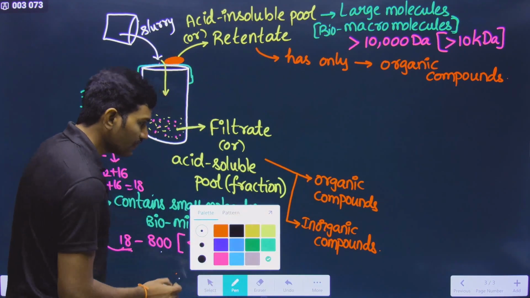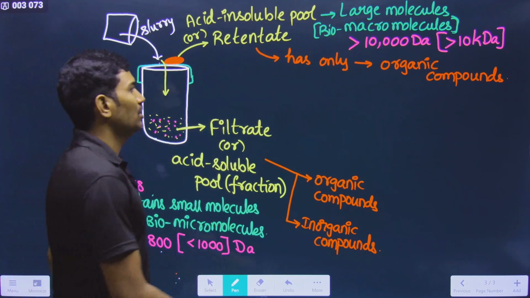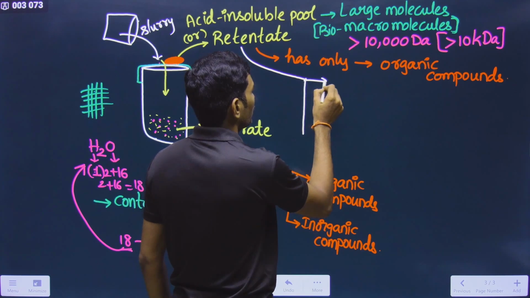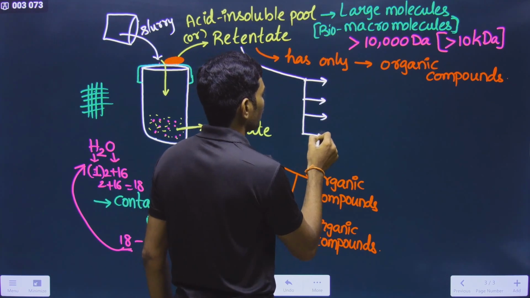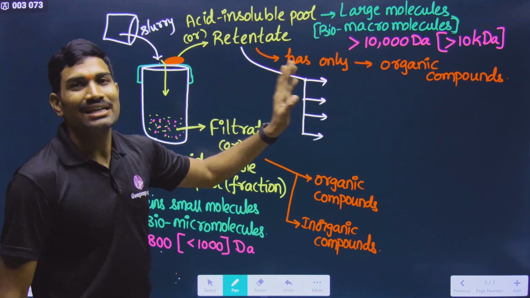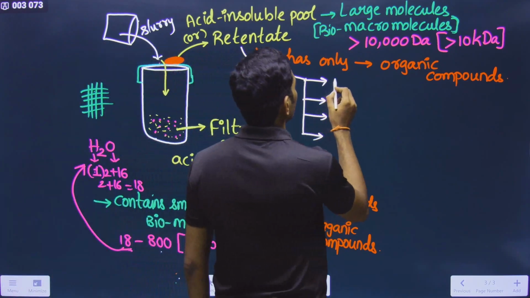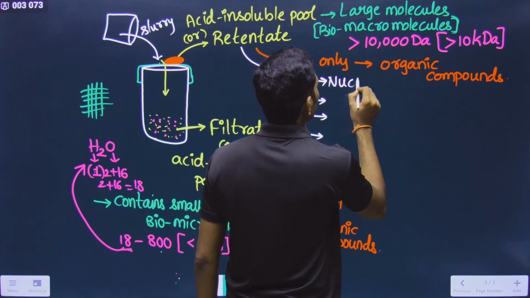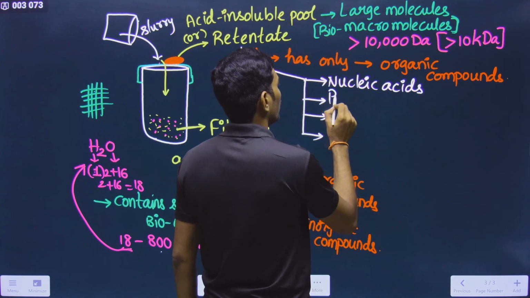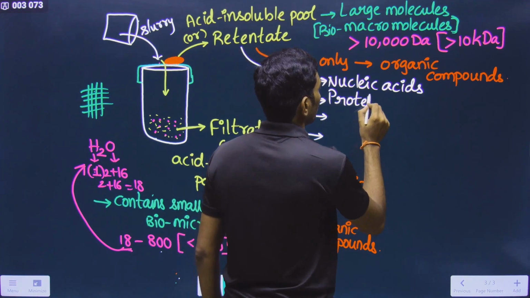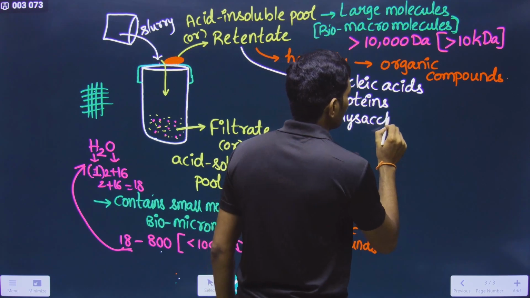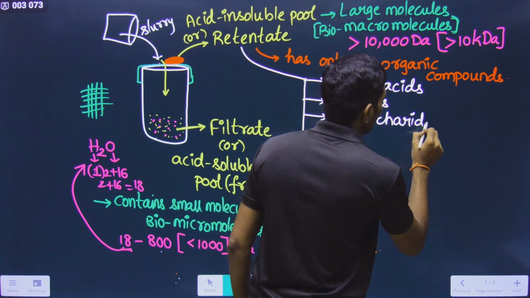Next, what are the organic compounds present in this acid insoluble pool? There are 4 types of organic compounds present in the retentate or acid insoluble pool. What are these? They are nucleic acids, proteins, polysaccharides, and lipids.